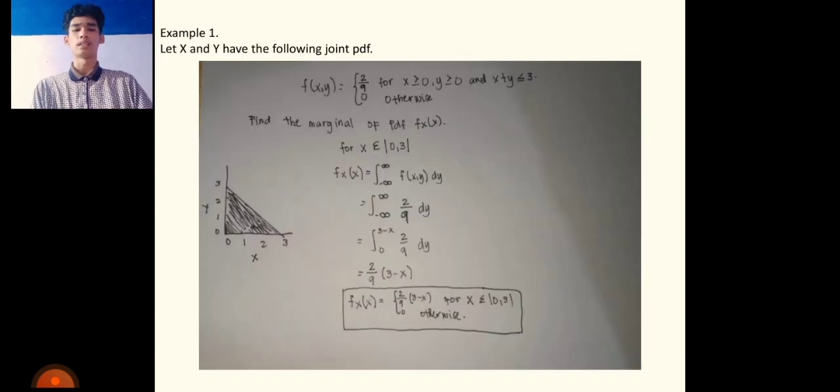So example number 1. Let x and y have the following joint PDF. f of x and y is equal to 2 over 9, for x greater than or equal to 0 and y greater than or equal to 0, and x plus y is less than or equal to 3.